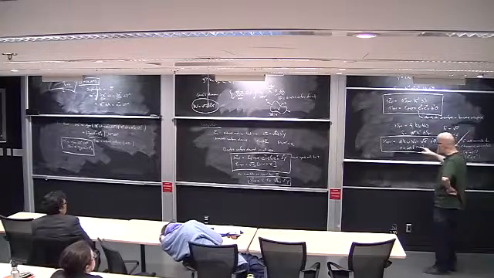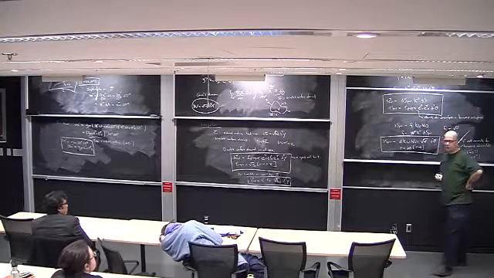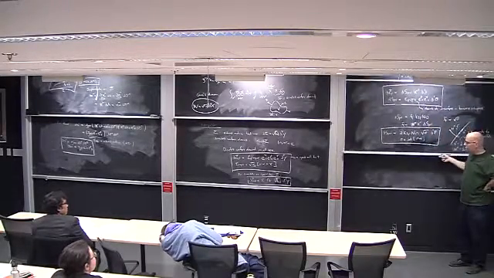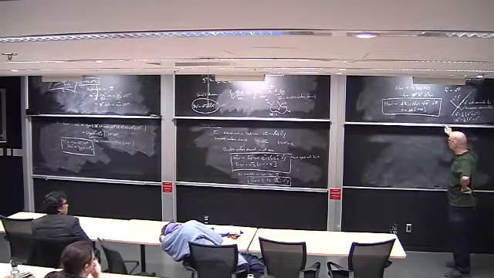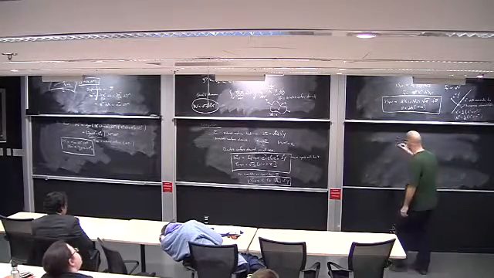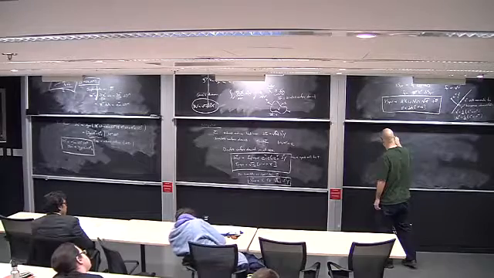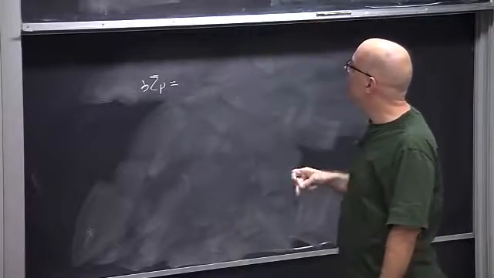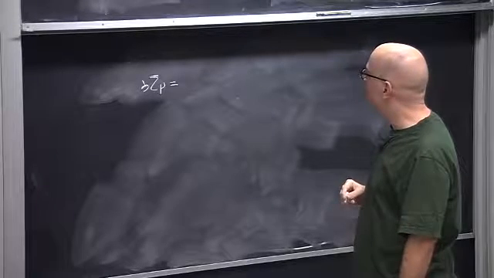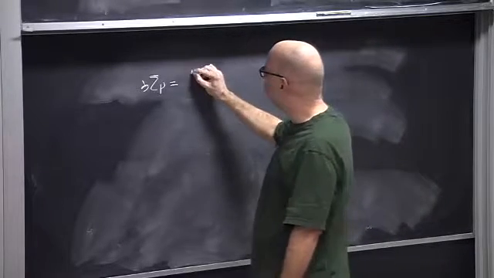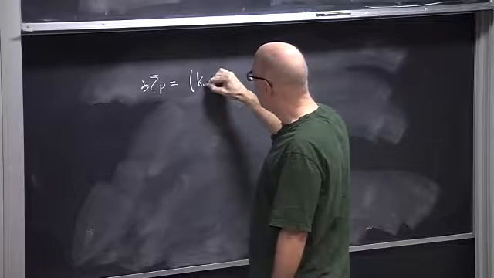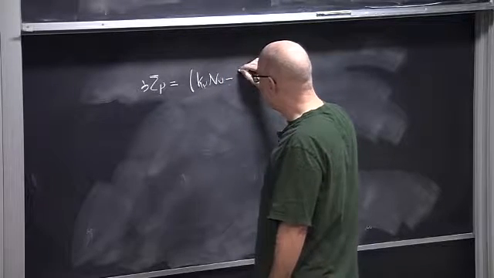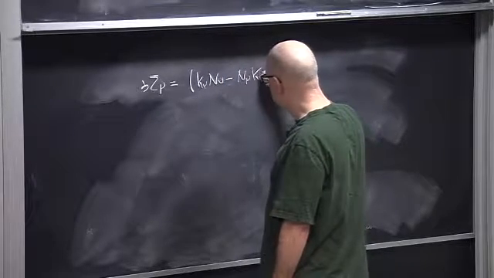Well, it turns out that if you plug this into here, you get something even simpler. So let's do the rest of it. Let's plug it in. If I plug it in and I just take out the antisymmetric notation on the indices, what I get over here is k mu n nu minus n mu k nu.